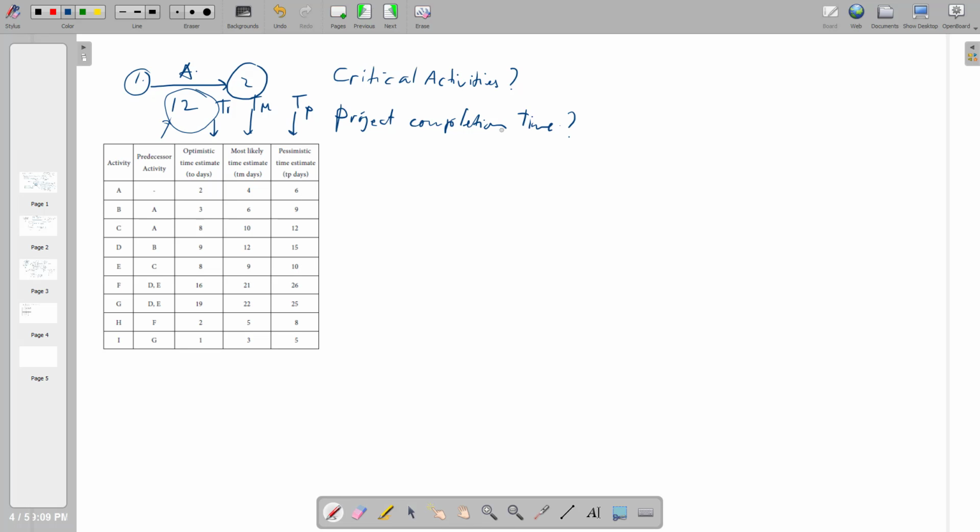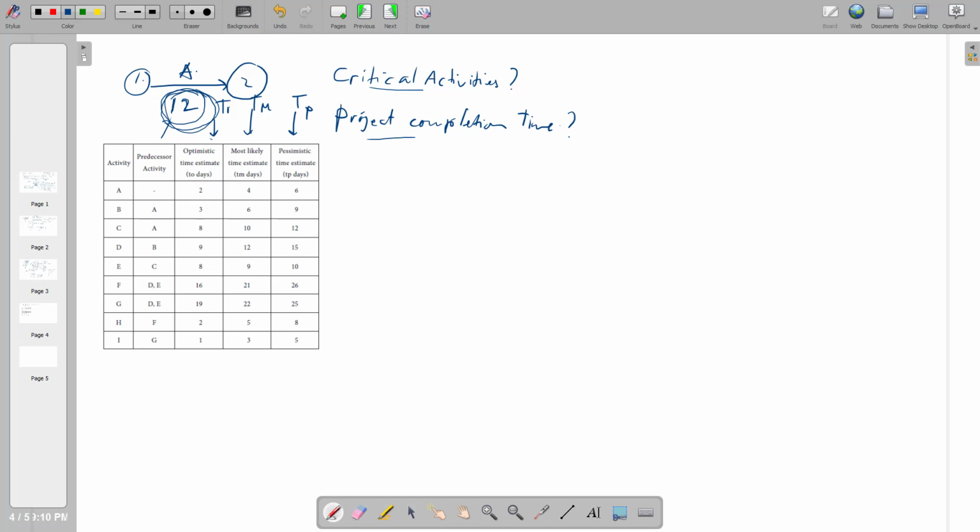So how to solve this? How can we know the project completion time and the critical activities from this kind of thing? First of all, we need to calculate something first, because when you are creating a network diagram like this, below the activity, if it is activity on arrow, or similar with activity on node, you will put only one duration here. You are not going to put three types of duration, the optimistic, most likely, and pessimistic.